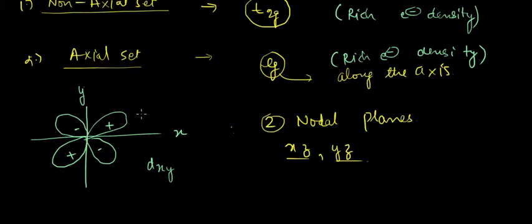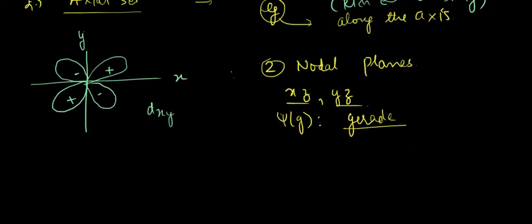If we pass an xz plane through it, along the y-axis and along xz there will be no electron density. So there will be two nodal planes, and it would be gerade because it has an even number of nodal planes.